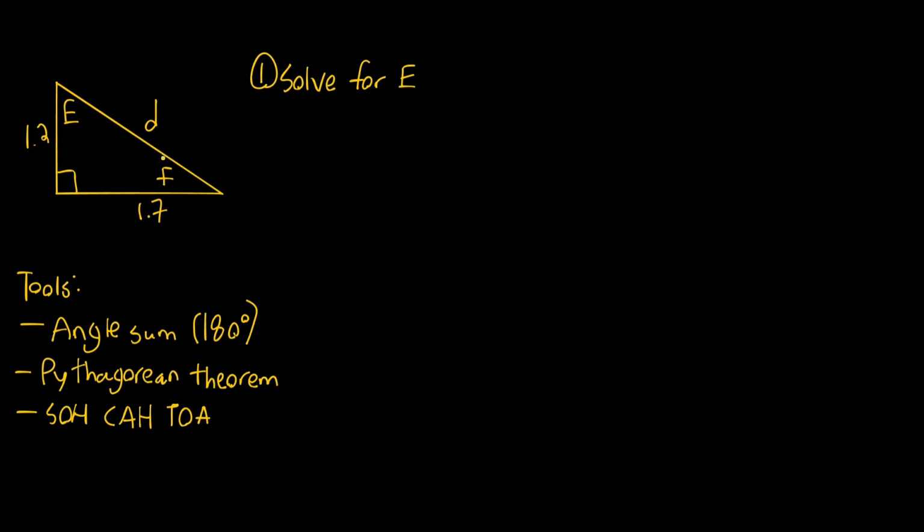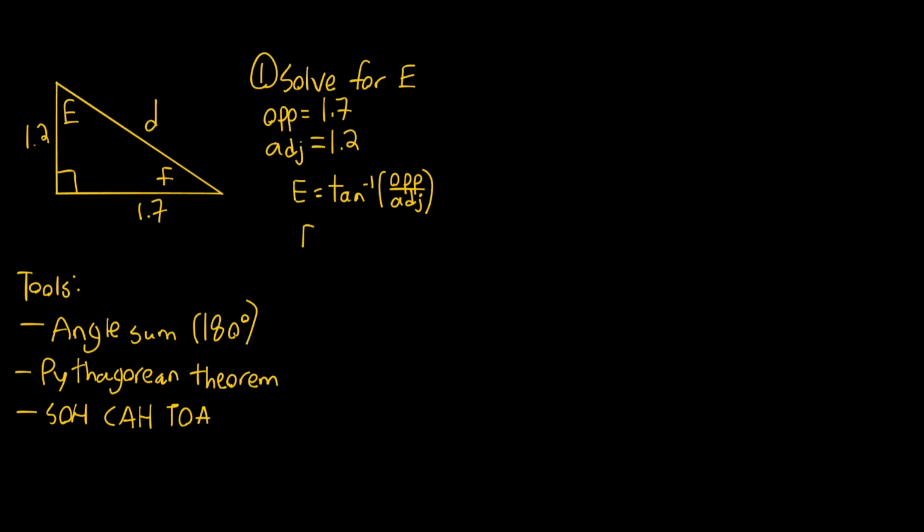What I know is that the opposite side is equal to 1.7 and the adjacent side is equal to 1.2. The hypotenuse is going to be equal to D, which I don't know yet, so I can't use that as a variable. So what I find is that E is equal to the inverse tangent of the opposite over the adjacent.